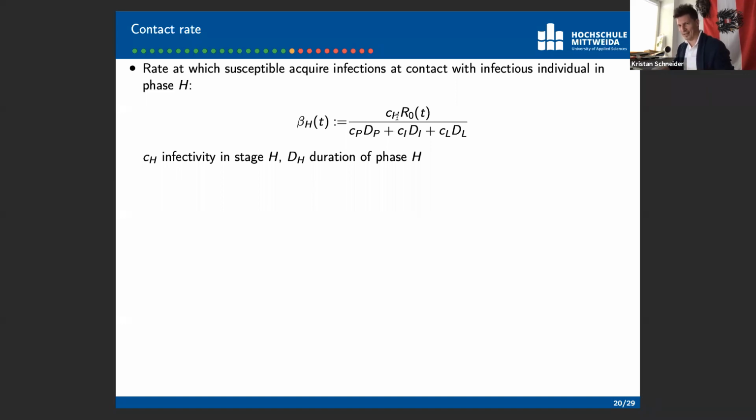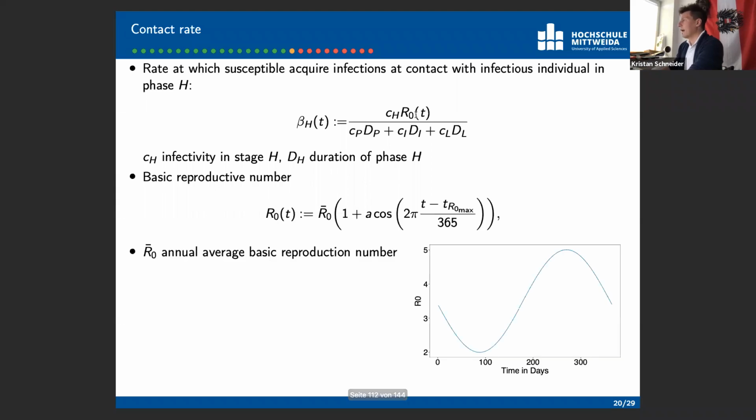That's the contagiousness, so to speak, that differs by stage. The prodromal are somehow infectious, but then they become more infectious, and in the late period, they are less infectious again. So it depends on the stage. And you divide it by the average duration of time. That is typically how this contact behavior is modeled. And the base reproductive number is just the number of secondary infections per primary infection in a population where everybody is susceptible.